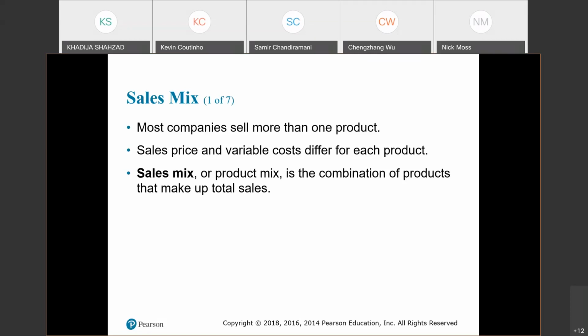Sales mix or product mix is the combination of products that make up total sales. The same CVP formulas we used earlier can apply to a company with multiple products.